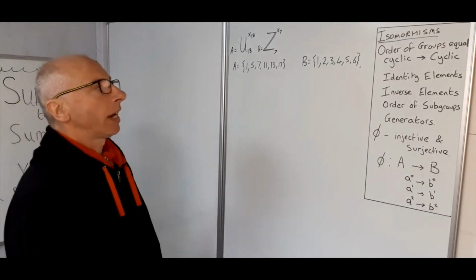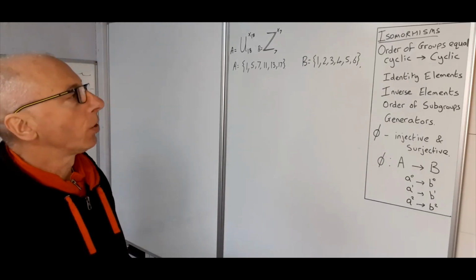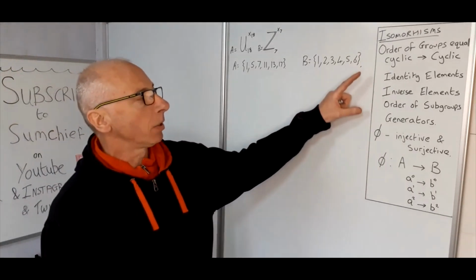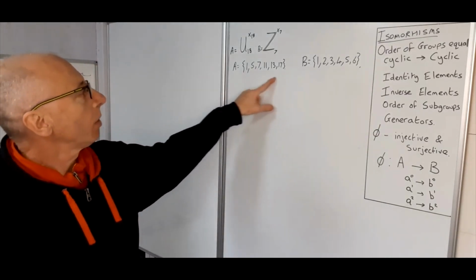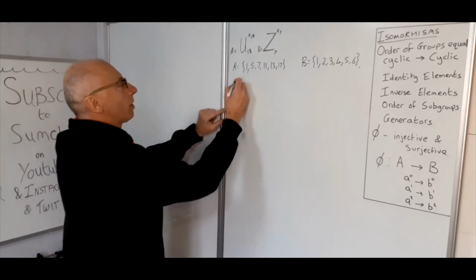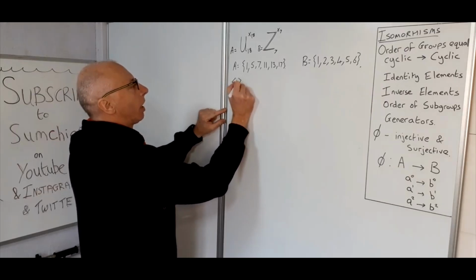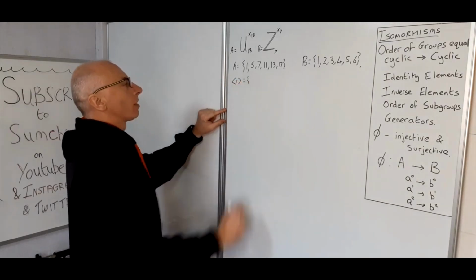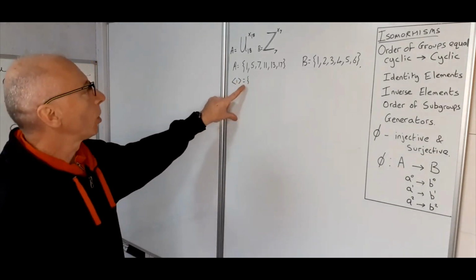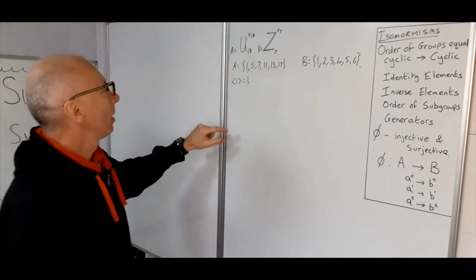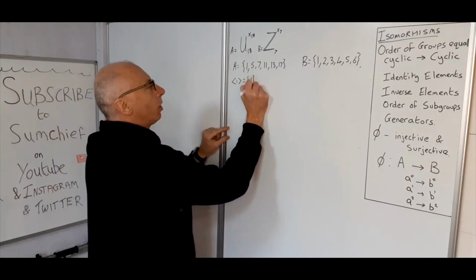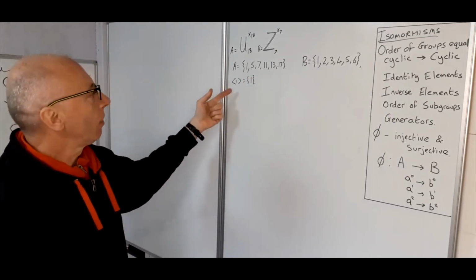Now we want to find out and show the order of each element and see if we can find its generators. So we'll start with this group first. We'll find what the element 1 generates. Well, 1 in multiplication is always the identity, so 1 will only reproduce 1 itself every time.